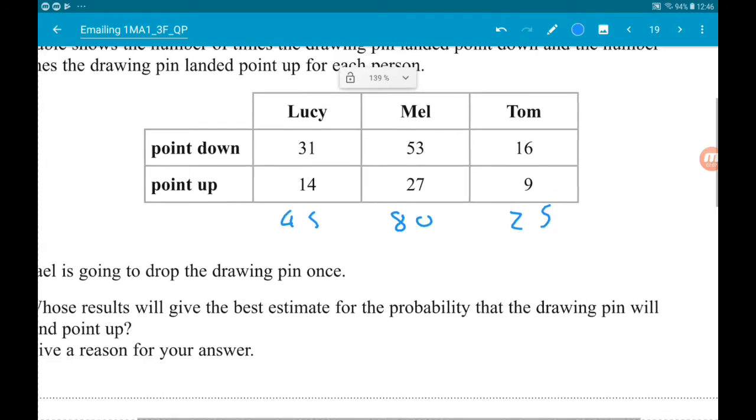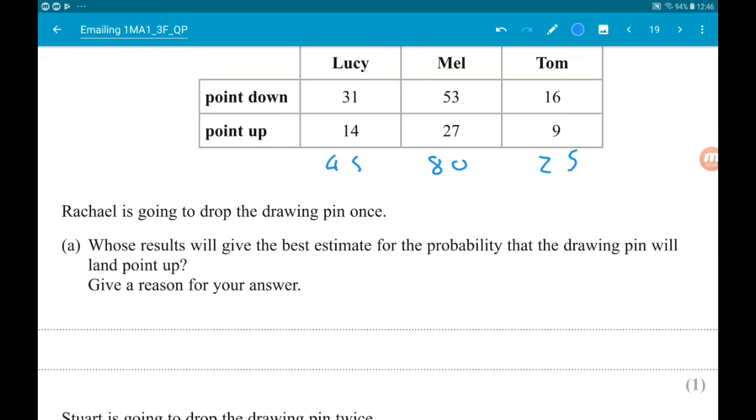So our answer is Mel, and I'm not going to write the reason, but it's because she dropped the drawing pin the most times.